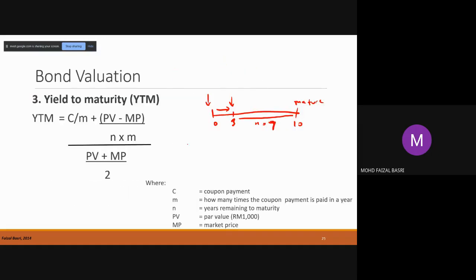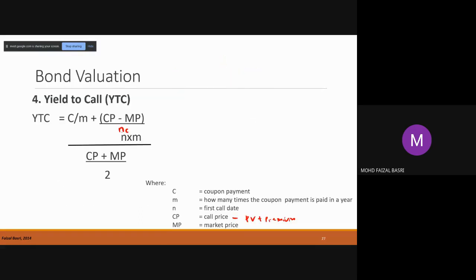Before, it was years until maturity for YTM, but for YTC, the N or the NC here refers to how many years left to call, or they call it the first call date. How many years left until the first call date. And we divide with a similar numerator, the average of the call price and the market price, divided by 2.